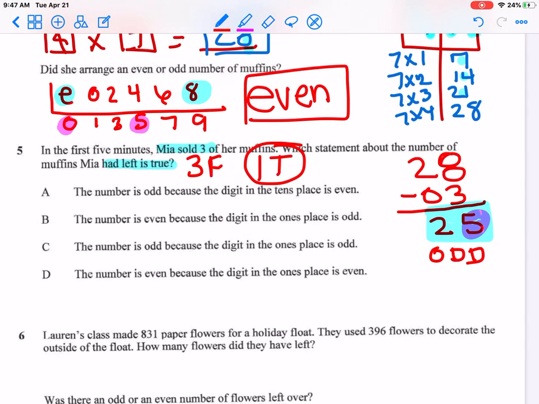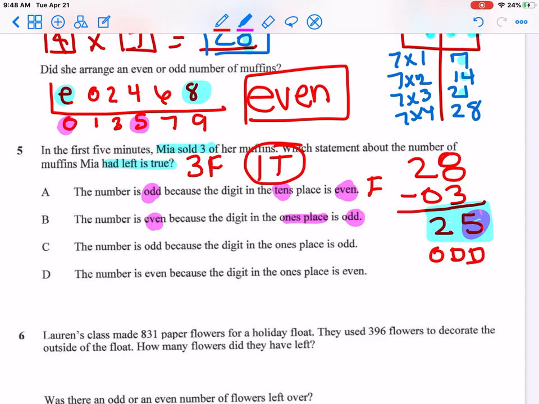Okay, so now let me look at my answer choices. Letter A, the number is odd because the digit in the tens place is even. Well, yes, it's odd, but I'm not looking at the tens place. So this is false. Answer choice B, the number is even because the digit in the ones place is odd.